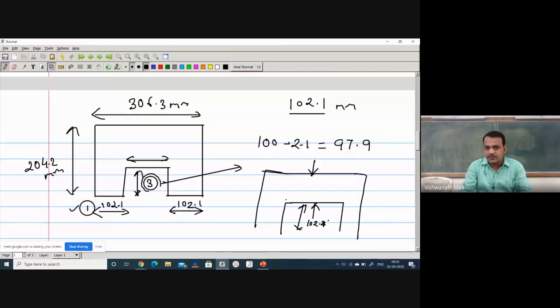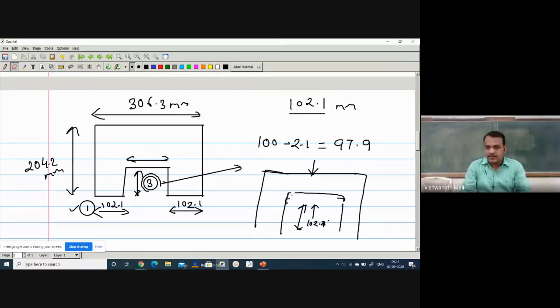It will come here. When you give 102.1, and when it shrinks, again its dimension will be decreased. Again its dimension will be changed. So you will get a wrong dimension.